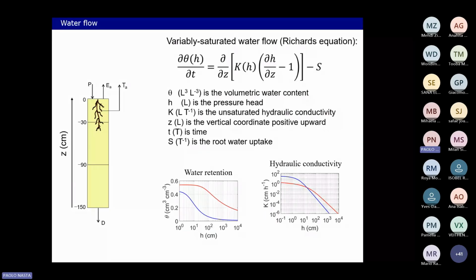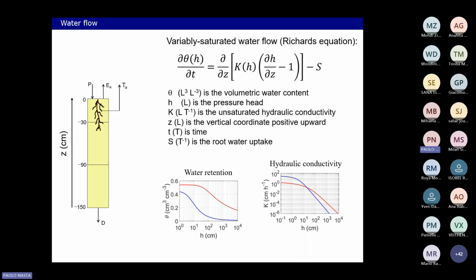Just to mention that Nunzio already explained very well the Richards equation that is used to describe the variably saturated water flow across a soil profile. It is based on key parameters and variables. So I just mentioned the volumetric water content, the pressure head, the hydraulic conductivity, and so on.